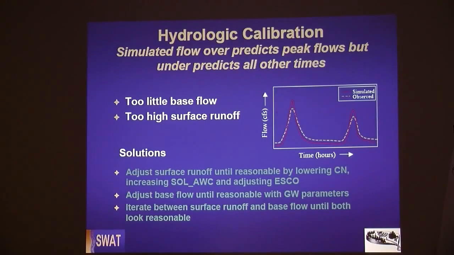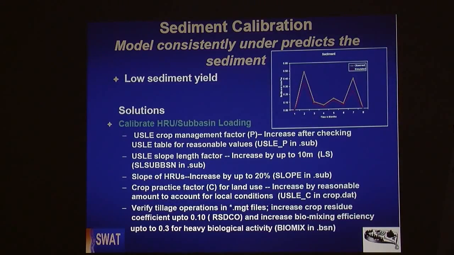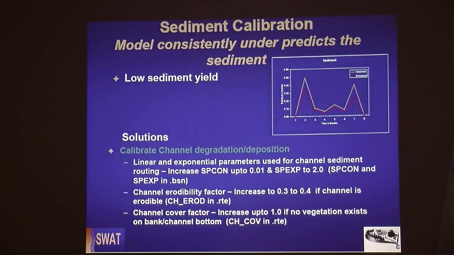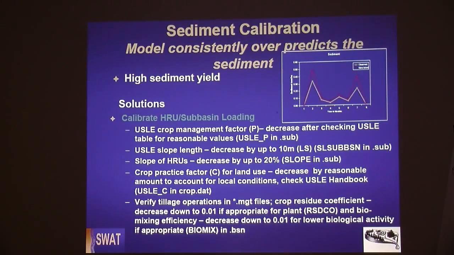So if the peak is too high or the base is too low, that's what you do. And then if you go through this, you get the same sort of suggestions for sediment, how to change the sediment parameters. You can see what happens if you are underestimating peak sediment.